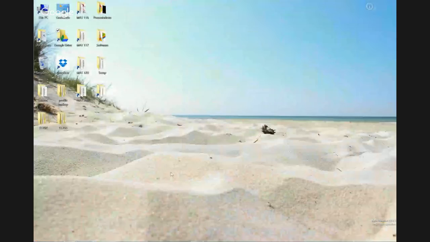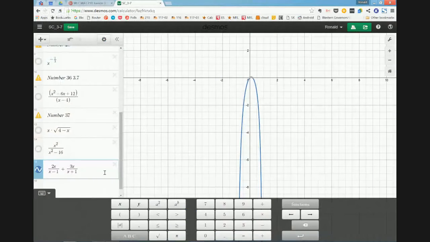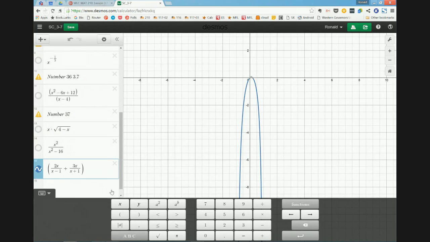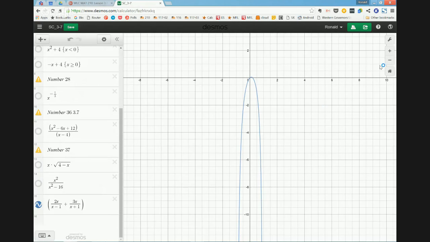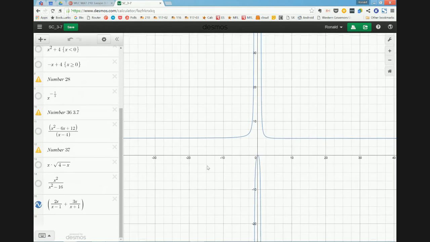Let's take a look at that one more time. Okay, let's put the parentheses around the whole thing, not that that'll matter. Yeah, and of course, do we have to zoom out here? Yeah, here we go. Now I can see what we're doing.